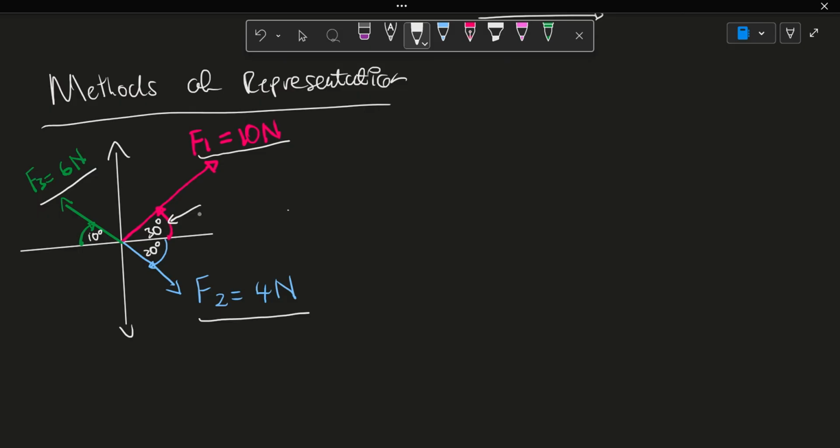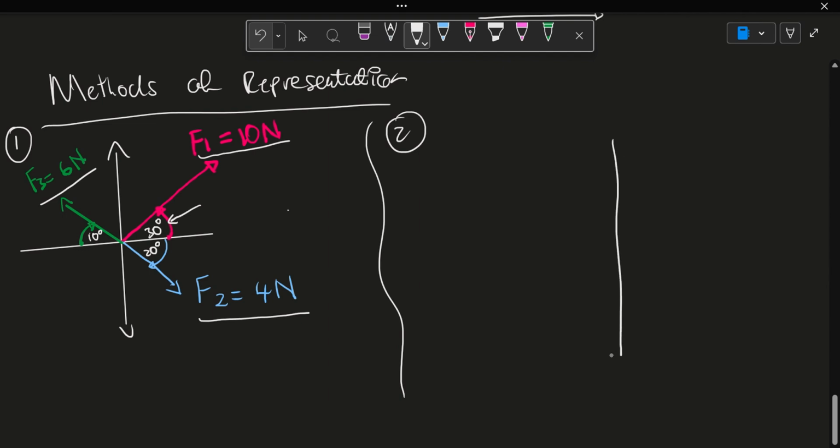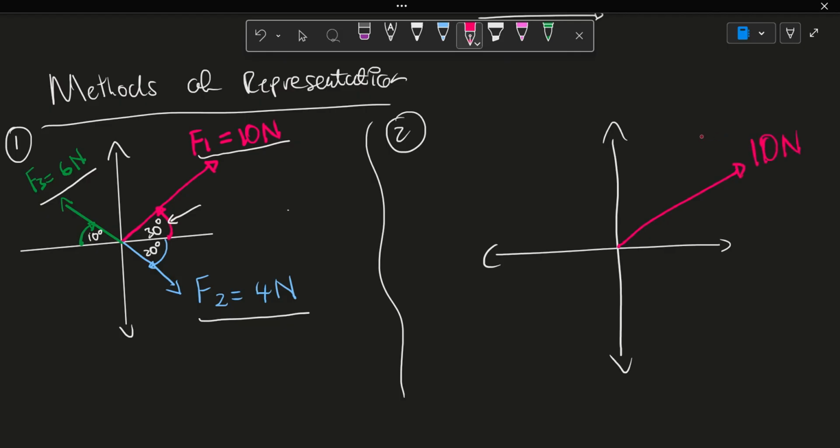So you would have this first method, and we would have the second one, which we call the compass. It's almost similar to this one, and it would also give you a Cartesian plane. On the Cartesian plane, you would have your typical drawings. Let's make that 10 newtons again, and that's F1.